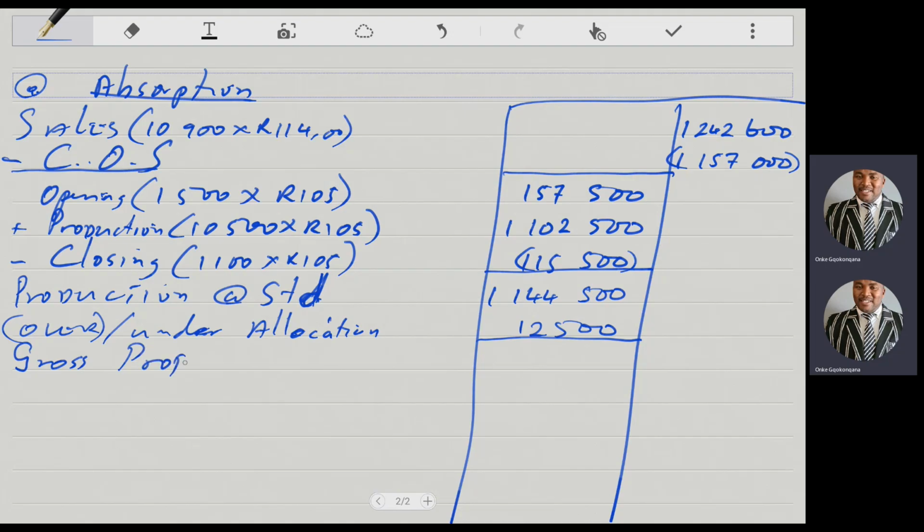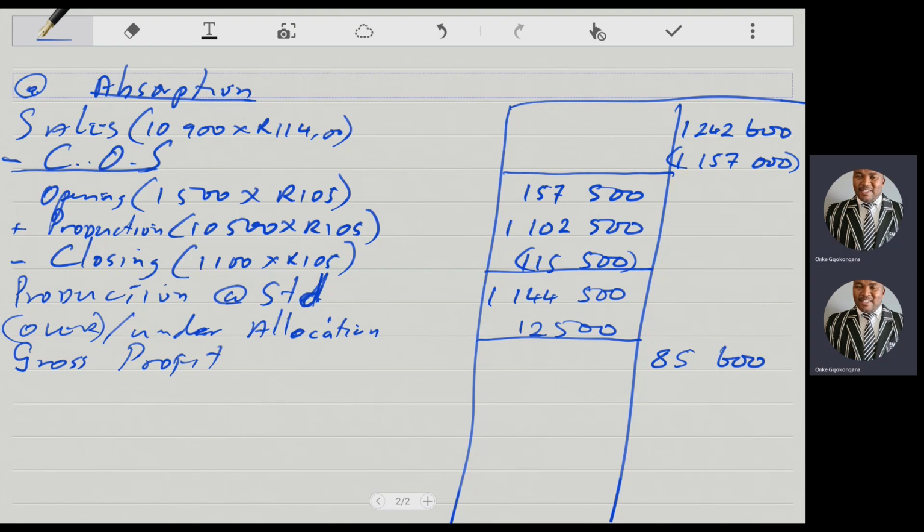Then your gross profit: take 1,242,600 minus 1,157,000. So we've got a gross profit of 85,600. That's our gross profit.